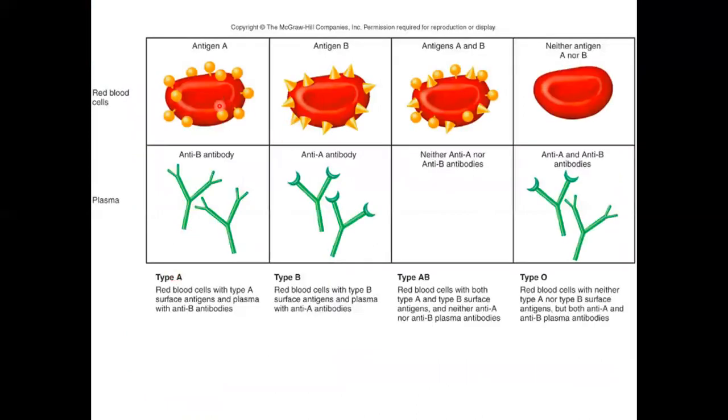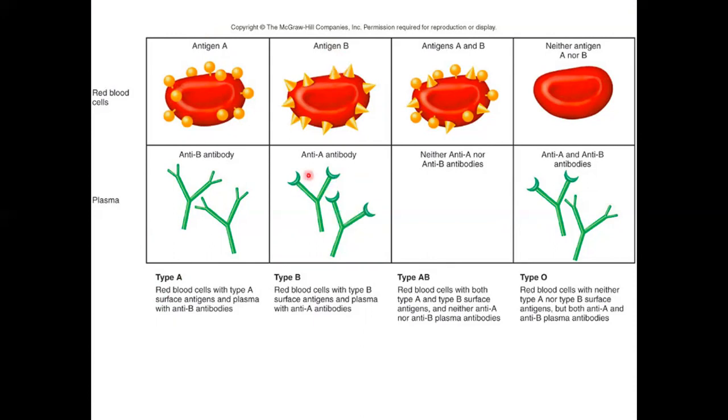But take a look at the red blood cells. So if I have type A blood, it's called type A blood because I have A antigens on the surface of my red blood cells. I have B antibodies in the plasma. So whatever you have on the red blood cell, you're going to make the opposite antibody in the plasma, right? So blood type B, I have B antigens on the surface.